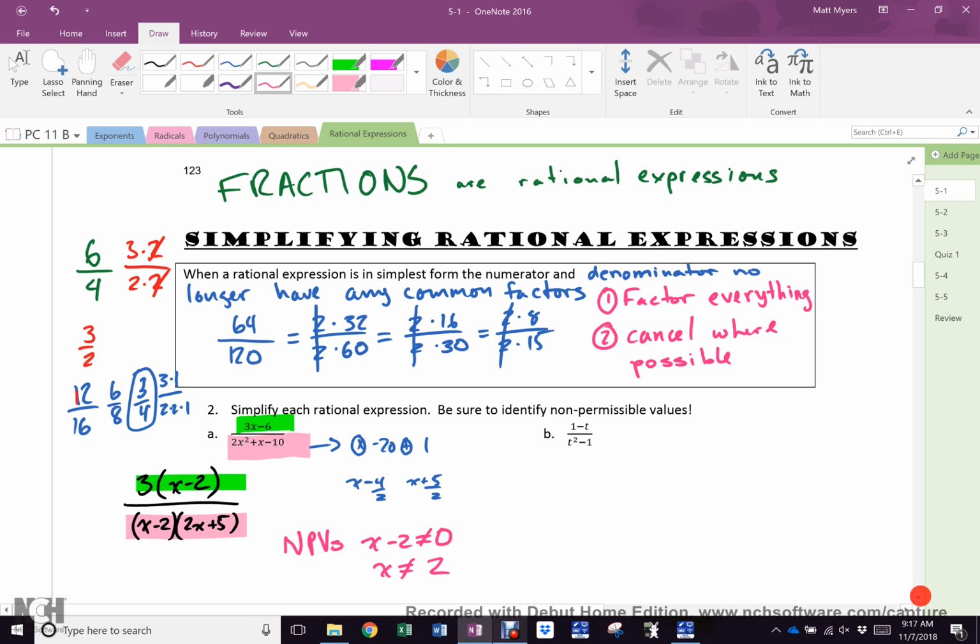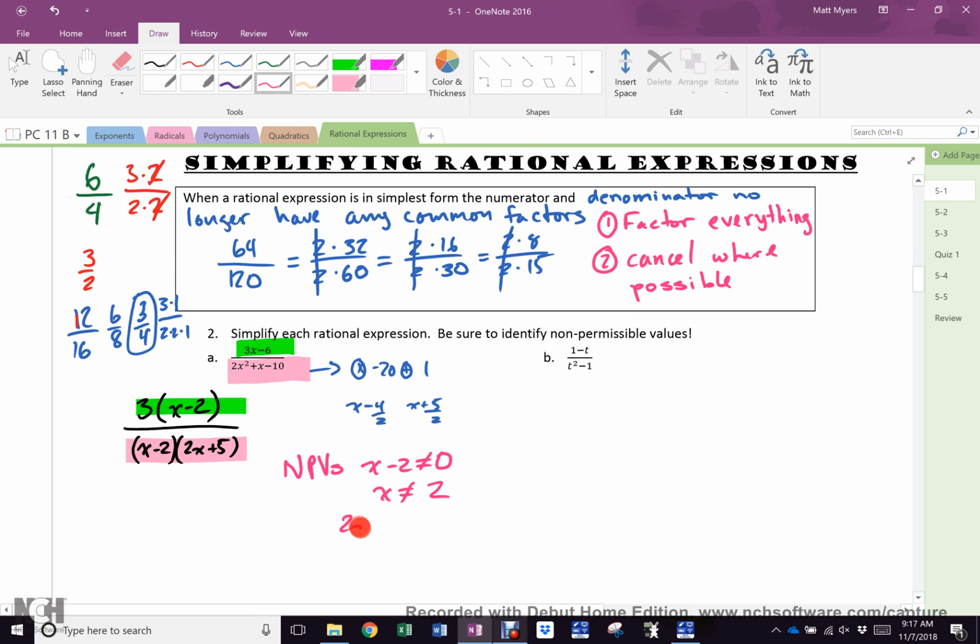Can't equal 2. 2x plus 5 cannot equal 0. So x cannot equal negative 5 halves. Is everybody good there? Yes? Okay.